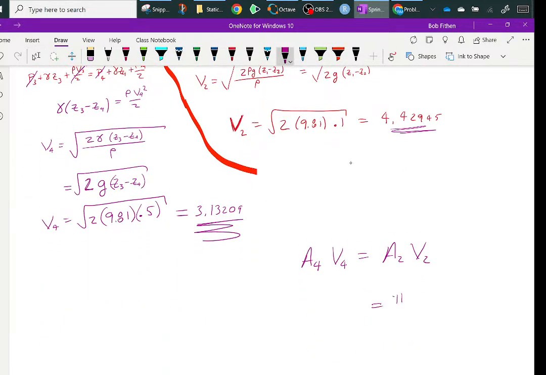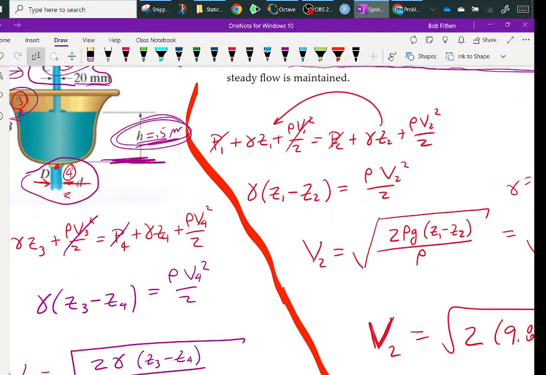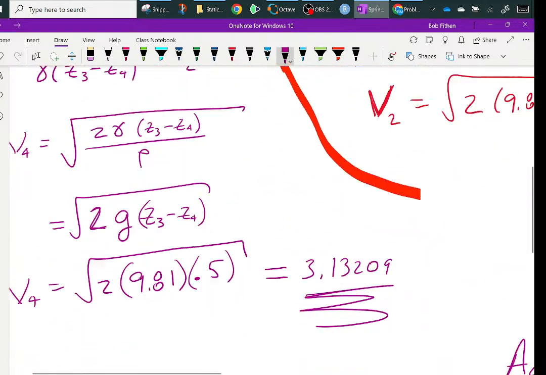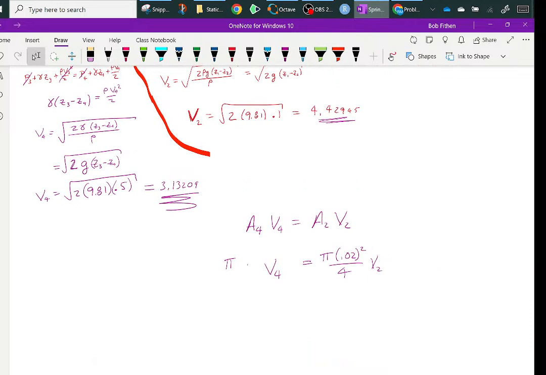So that's pi times 0.02 squared over 4. V2 is equal to V4, which I have both. So pi, did he call it D? He called it a little d right there. Okay. A little d squared over 4.